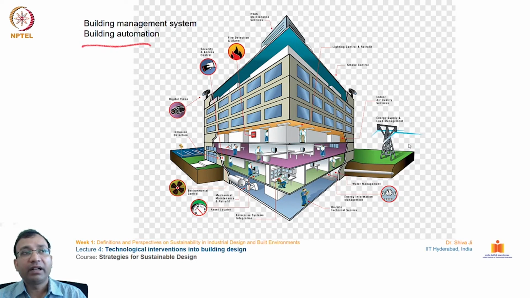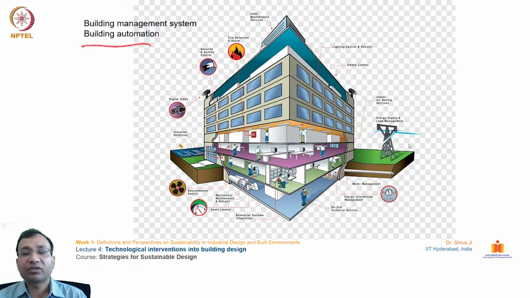So how can building management systems and building automation help to achieve the efficient system we are talking about? We have seen this slide earlier also, but this is the most detailed one. It talks about installing HVAC maintenance services, fire detection and alarm systems, security and control systems, digital surveillance systems, and intrusion detection systems.